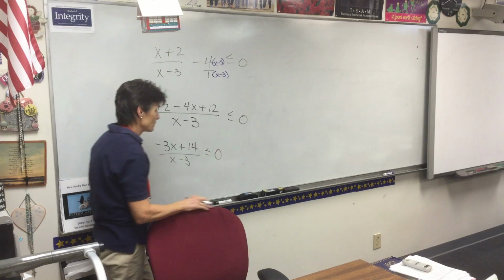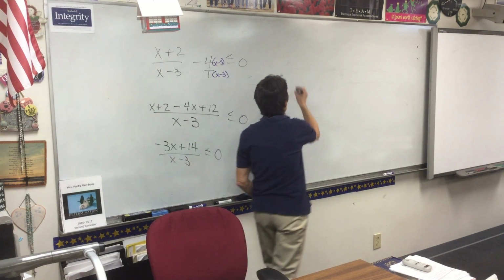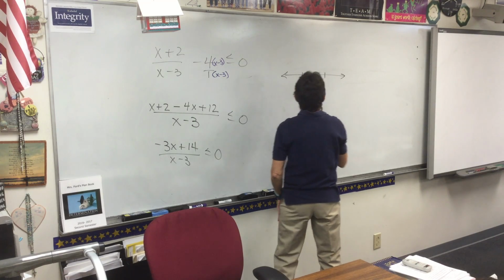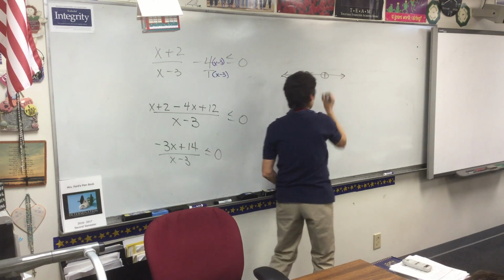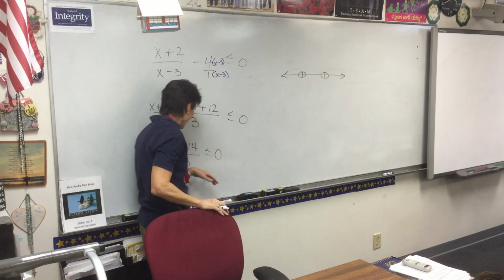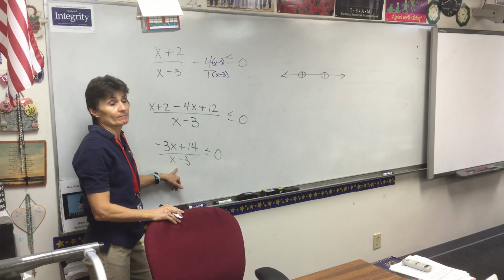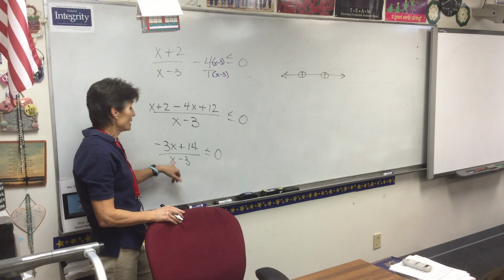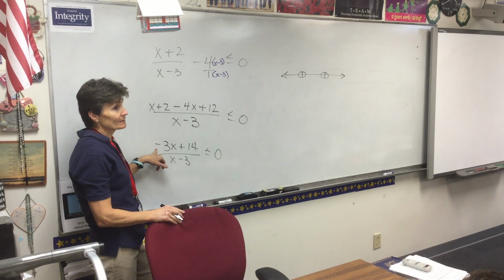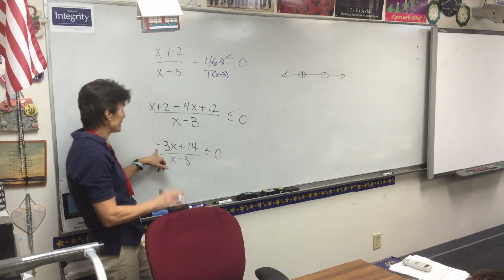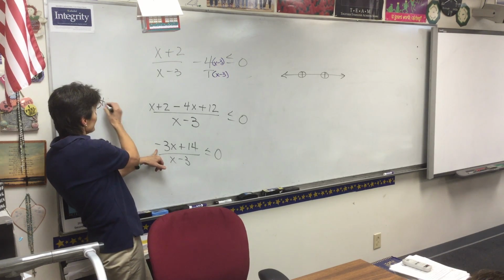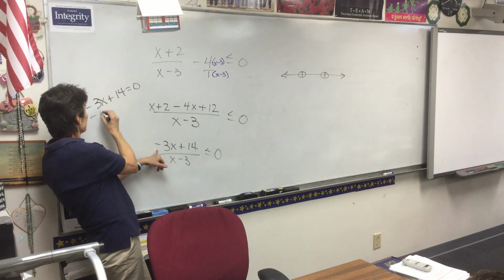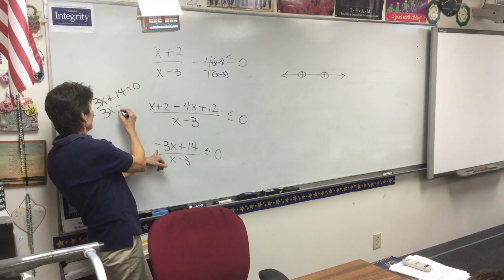All right, now I'm going to draw a number line. And I'm going to put a couple of dots on the number line. The dot for the bottom is easy. The dot for the bottom is a 3. This dot is not so easy to see, so set it equal to 0 and solve it to figure out where to put the dot.